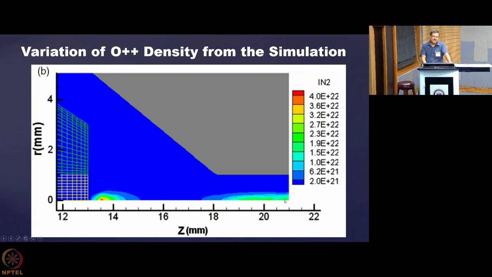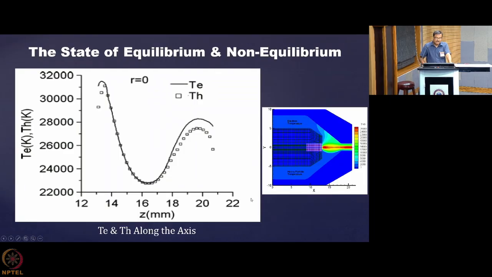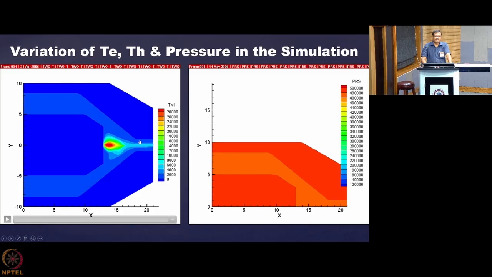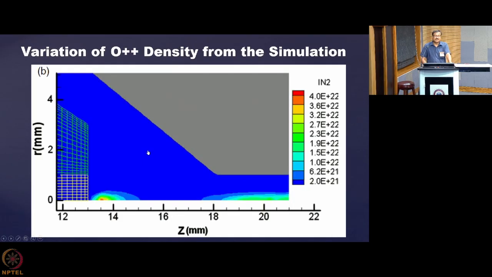Now here you are seeing that some significant distribution of the second ionized state is there. If you go to the previous one, you can see how the temperature was evolving, and this is the zone where you are getting the maximum temperature. So naturally it will result in the second ionized state.